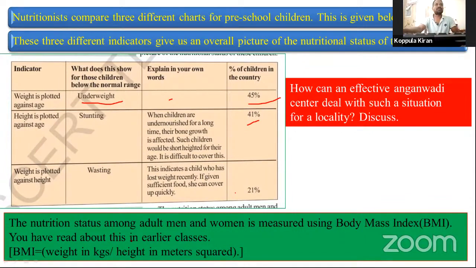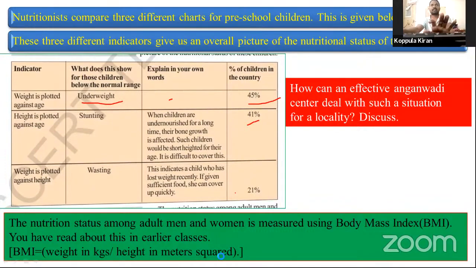You have read about this in earlier classes, in 8th class. Already we have discussed. BMI means, see this equation: weight in kgs divided by height in meters squared.